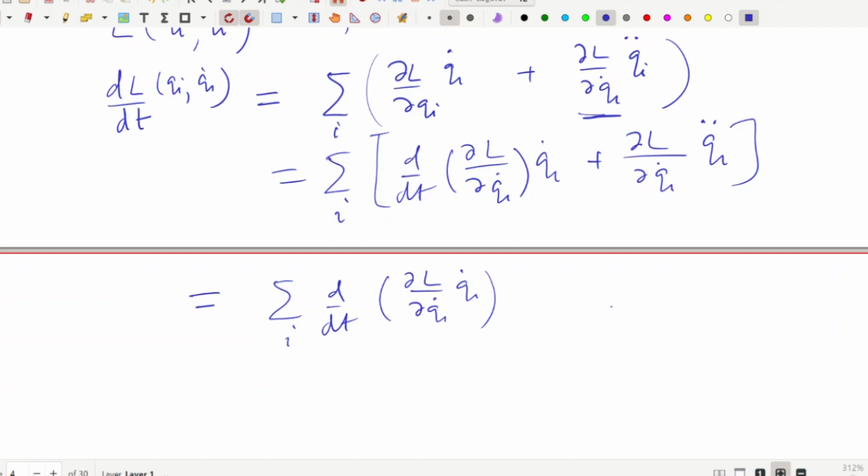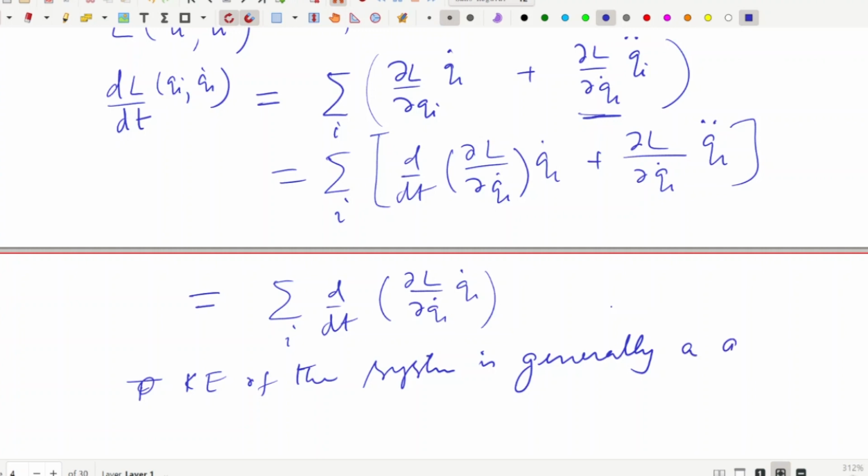Now, generally for a conservative system, we find that the kinetic energy is generally a quadratic function of generalized velocity, and for a conservative system del U/del q_i dot equals 0. Okay.